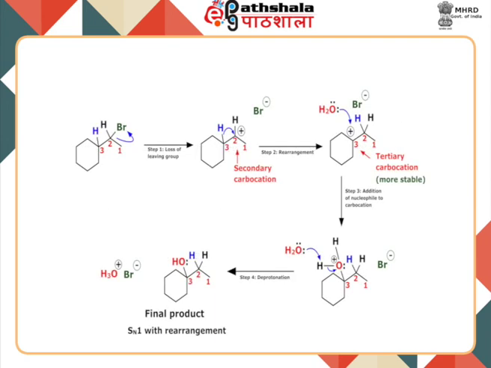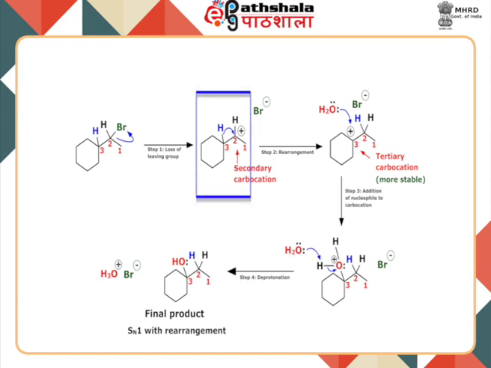Now considering this example of a reaction, let us start with this particular molecule where the Br is lost in the first step of, say, an SN1 mechanism, and we get this carbocation. Now once this carbocation is formed, you can notice that the initially formed carbocation is the secondary carbocation, and nearby to that, in its vicinal position, this particular hydrogen can shift here.